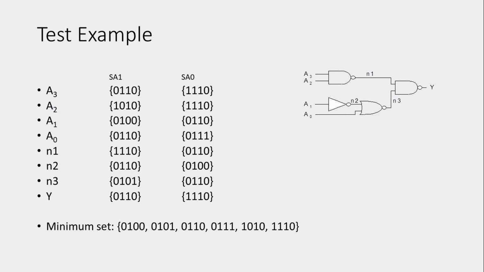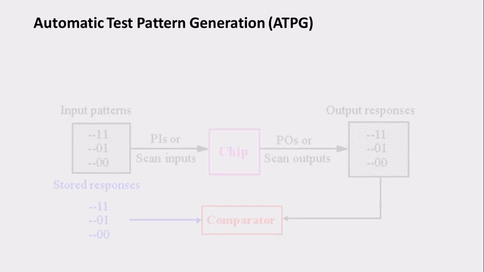That is why stuck-at models are very widely used to check whether the IC is going to work fine or not. One more possible type of testing the IC is automatic test pattern generation.